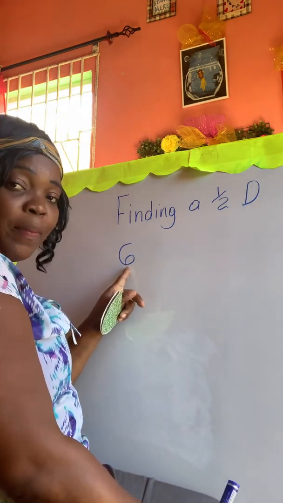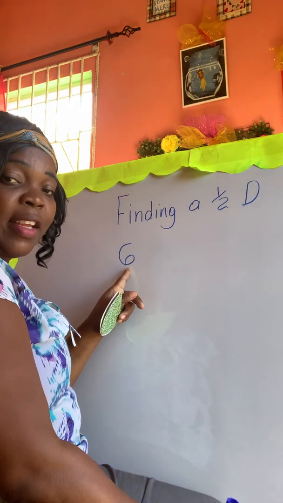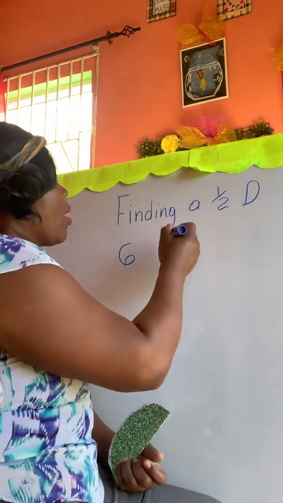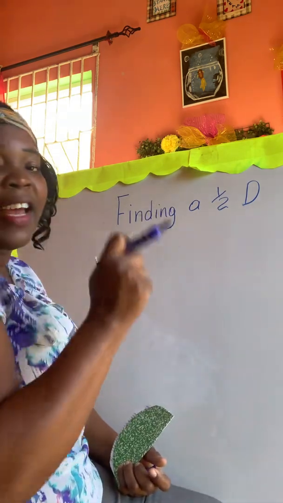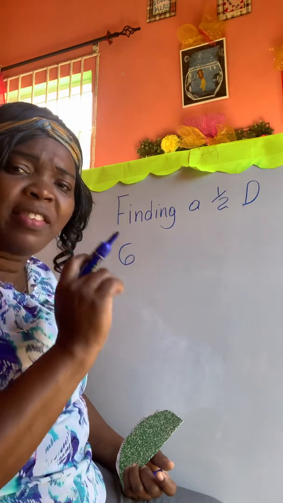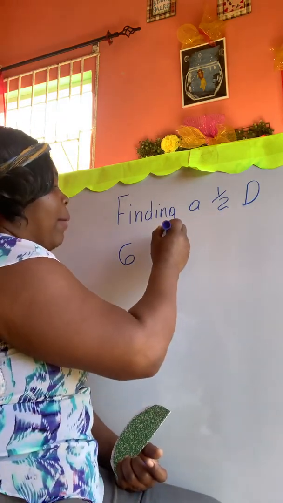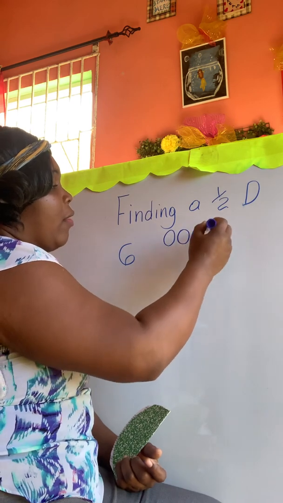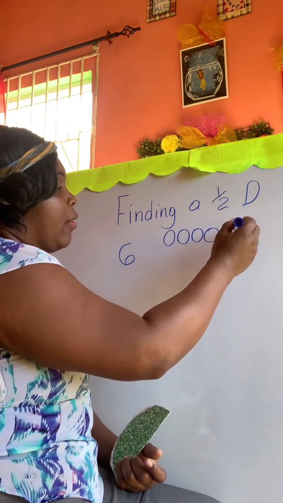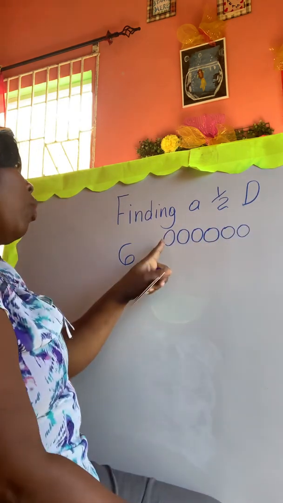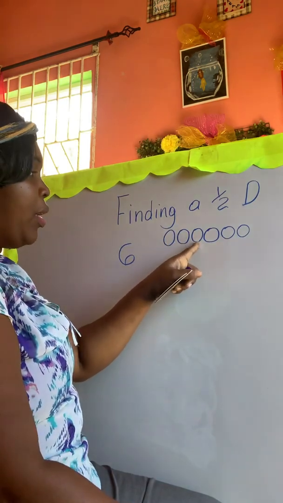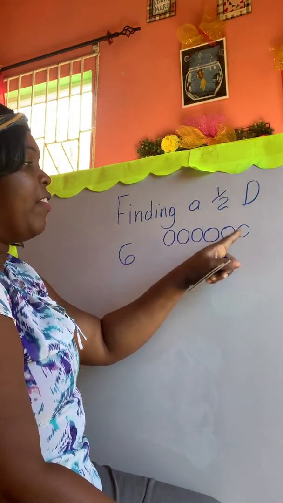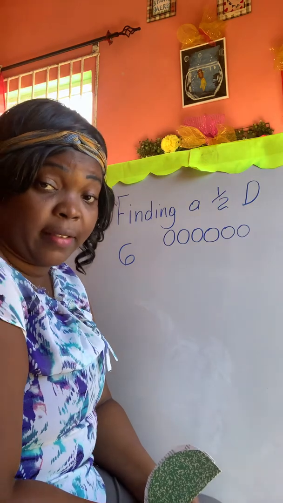For example, I have the number 6 here, and I want to find a half of 6. I'm going to put out my circles. One, 2, 3, 4, 5, 6 circles.